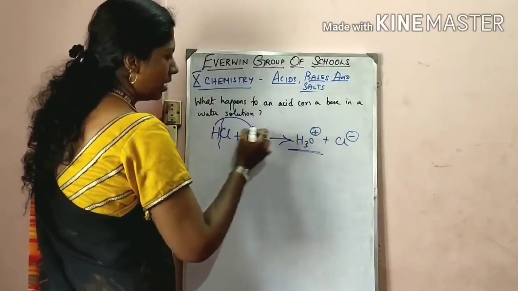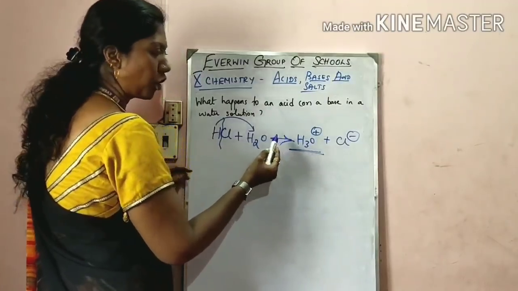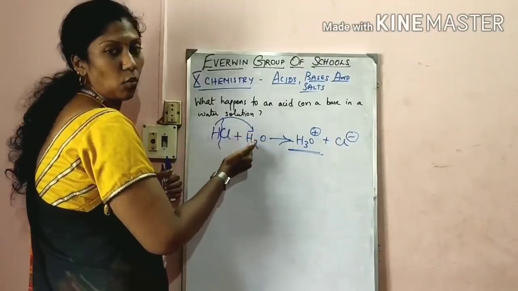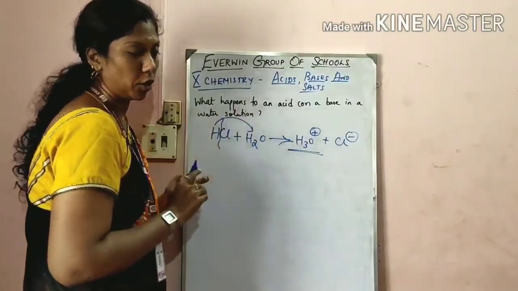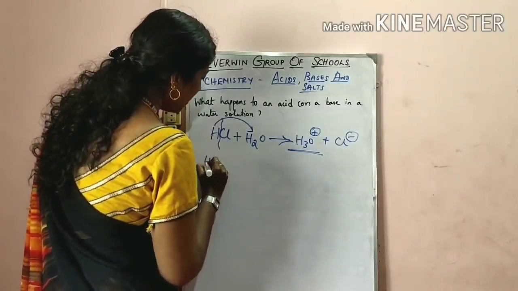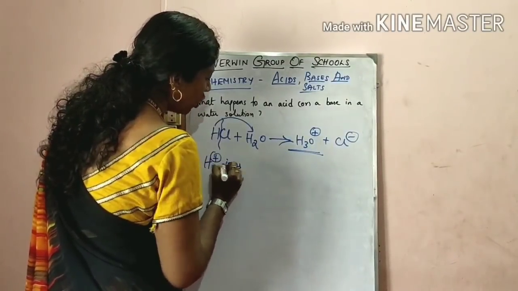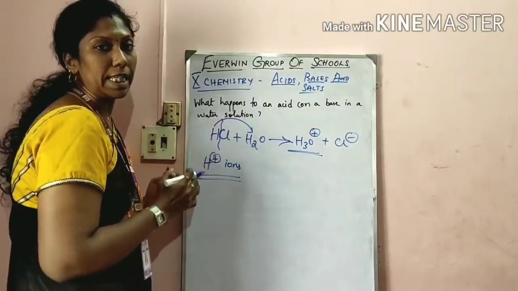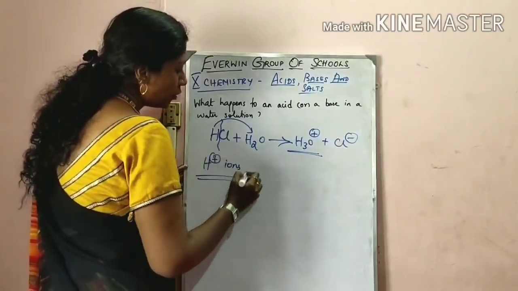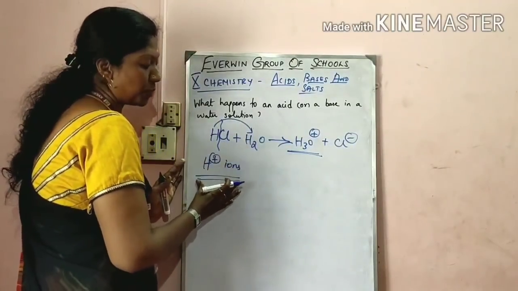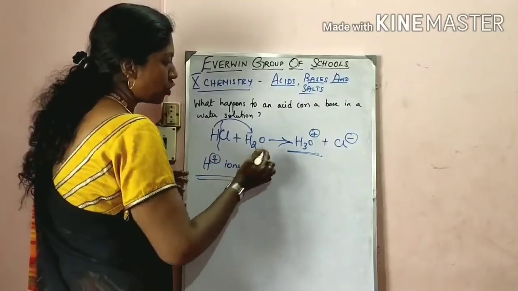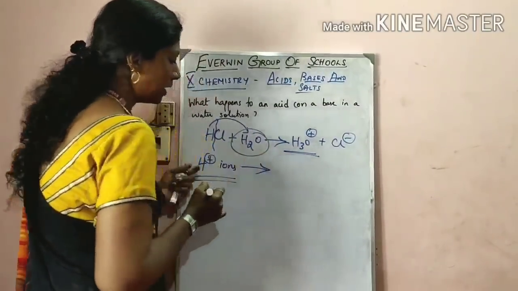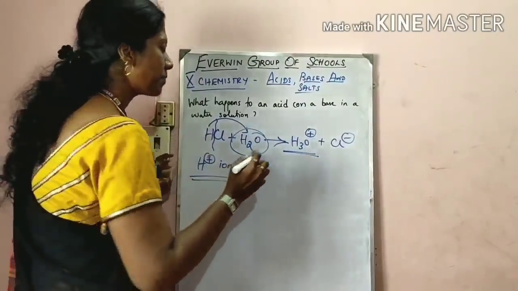This is the formation, in the sense it dissociates with water to form hydronium ion. H plus ion cannot exist alone. In order that H plus ion should exist, it should always be with water. So without water, there are no H plus ions.